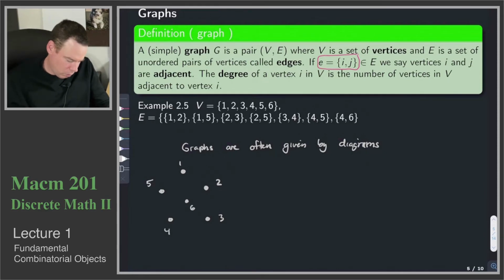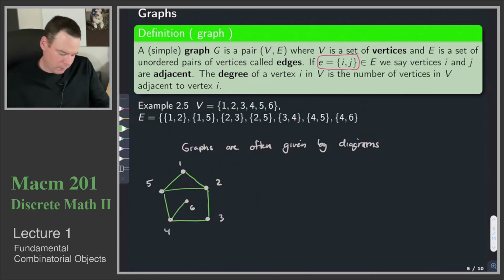And so we've got edge 1, 2, edge 1, 5, edge 2, 3, edge 2, 5, edge 3, 4, edge 4, 5, and edge 4, 6. So there's a diagram that represents the graph. Now the graph is what's given in the example by those two sets. This is just one of many diagrams for the graph.